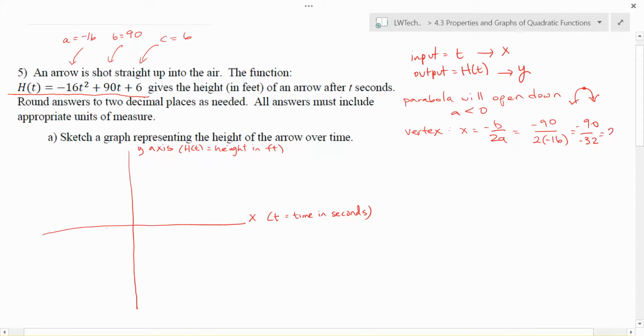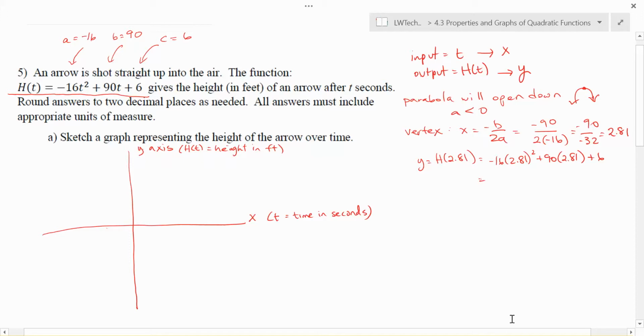The problem said to round to 2 digits after the decimal, so we'll go ahead and use 2.81 as the x-coordinate of our vertex. The y-coordinate of our vertex we get simply by putting that 2.81 into our formula. So if we replace all of the t's with 2.81, we're going to have negative 16 times 2.81 squared plus 90 times 2.81 plus 6.